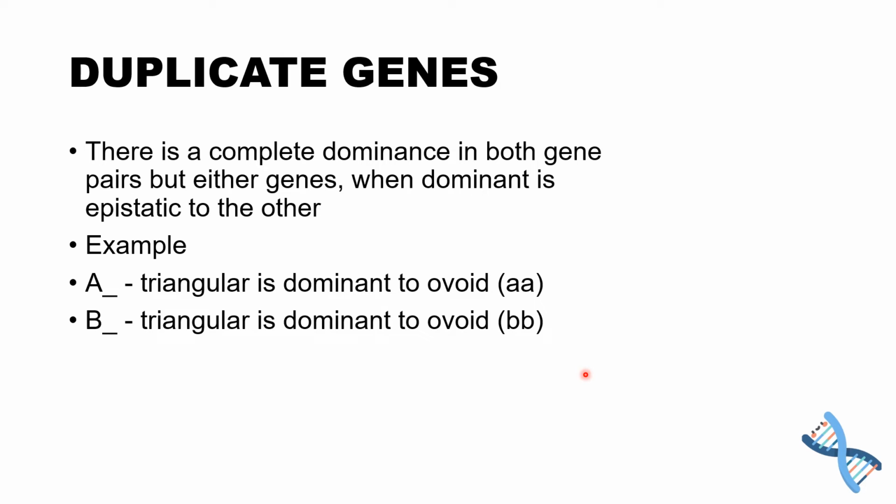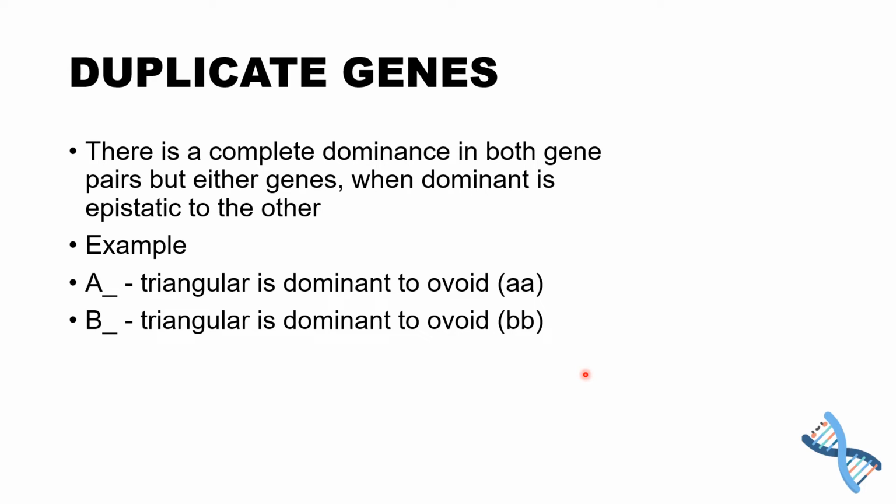Then, for the duplicate genes na tinatawag, there is a complete dominance in both gene pair, but either genes, when dominant, is epistatic to the other. So, yun daw. Pag dominant sila with each other, when dominant, yung dalawang gene pair, epistatic sila with each other.